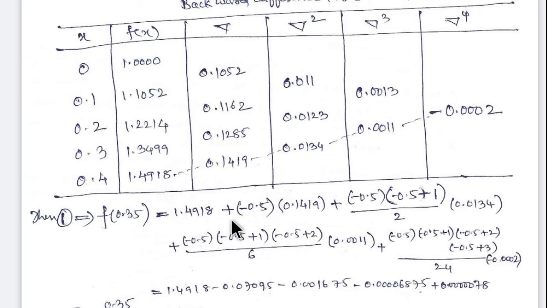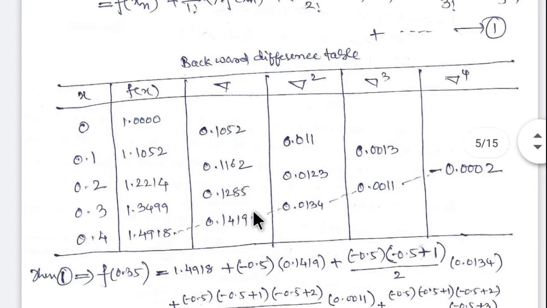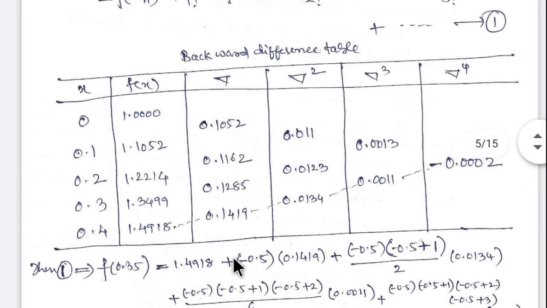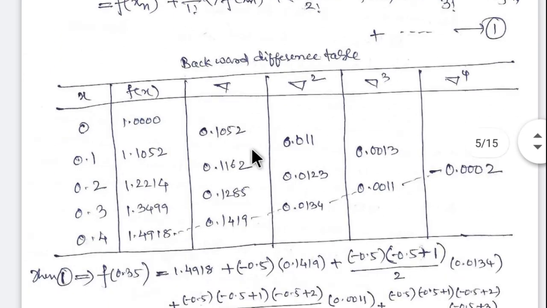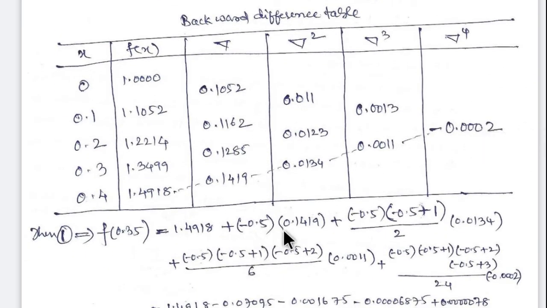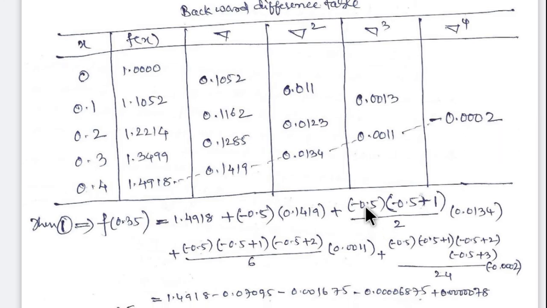1.4918 plus r by factorial 1, where the r value is minus 0.5, into delta of f of xn, which is 0.1419. Similarly, plus r into bracket r plus 1 divided by factorial 2, which is 2, into delta square of f of xn, which is 0.0134.